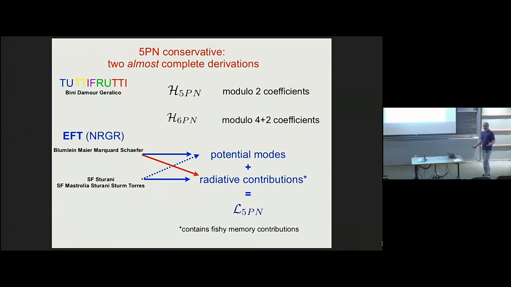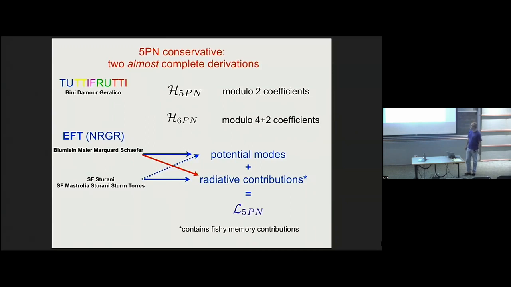As further motivation, at this moment 4PM is history. Different groups have done it in a mutually consistent way, so this is achieved. At 5PM, we are almost there, and there are basically two almost complete derivations of the dynamics. The first one is the so-called tutti frutti method by Geneva, where many of the methods I presented in the previous chart have been combined together in an efficient way.